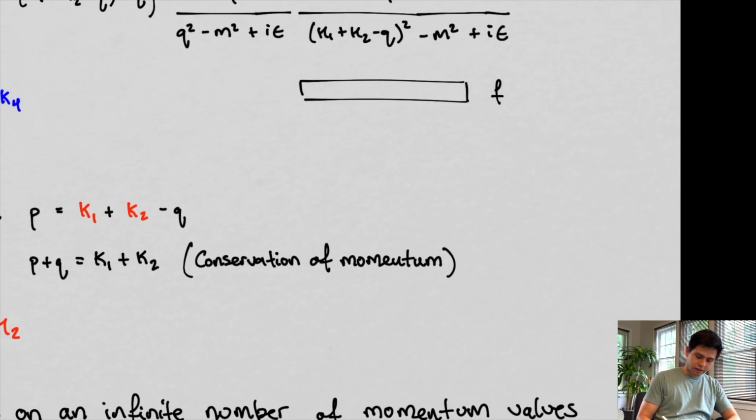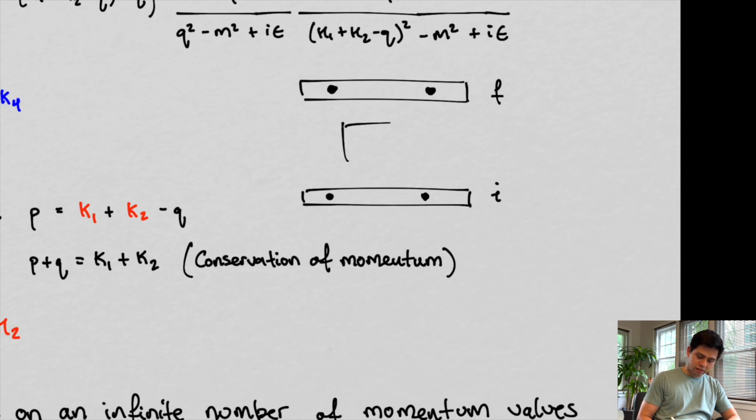Say this is our final state, with our two final state particles, and this is our initial state, with our two initial state particles. And then here's our black box. This is what our Feynman diagram looks like. What goes on in this black box, the two things have to conserve the momentum.